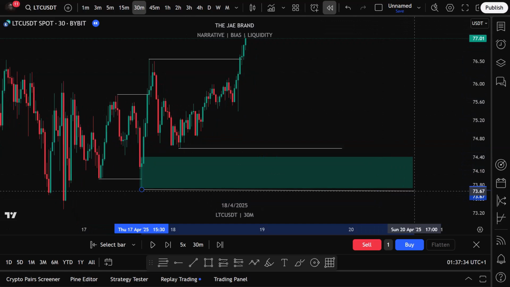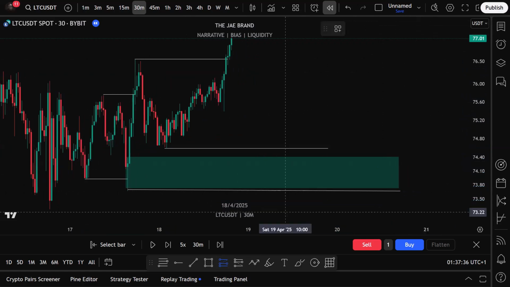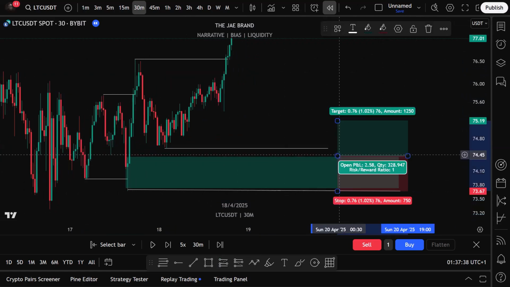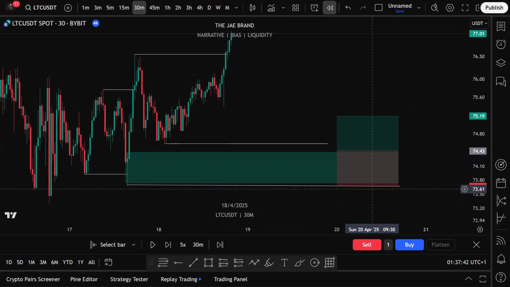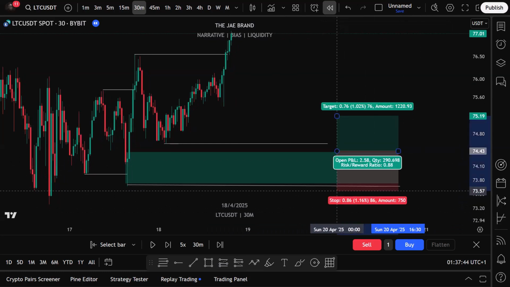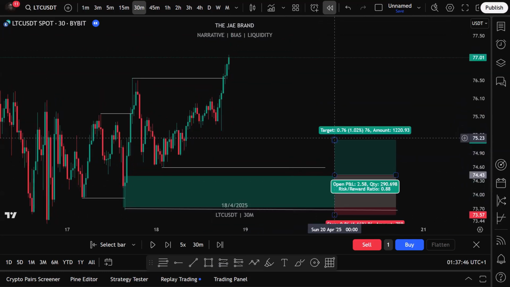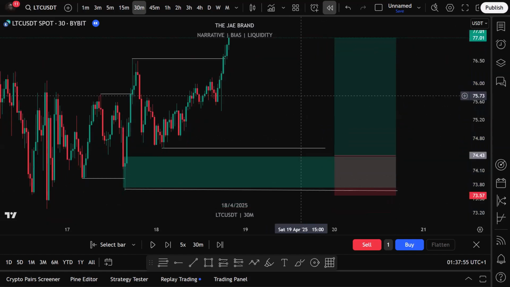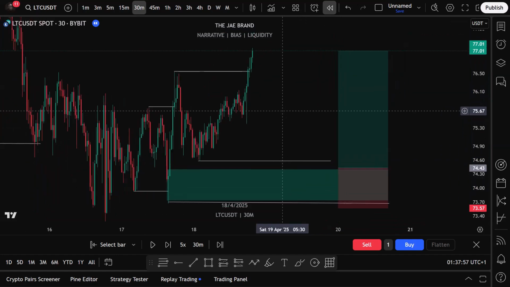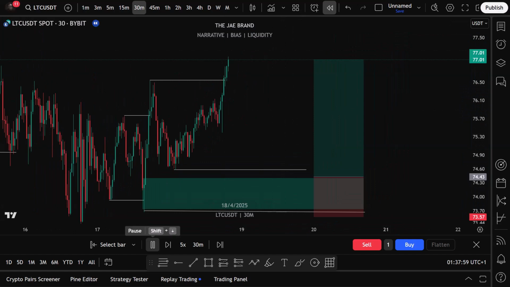All I did was take my position, my stop loss a little bit below my invalidation area, and then I have my 1 to 3 RR, which is the highest I trade.